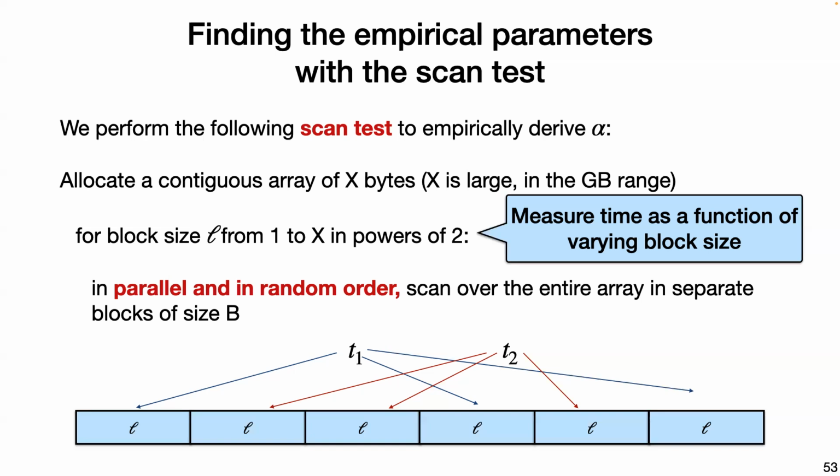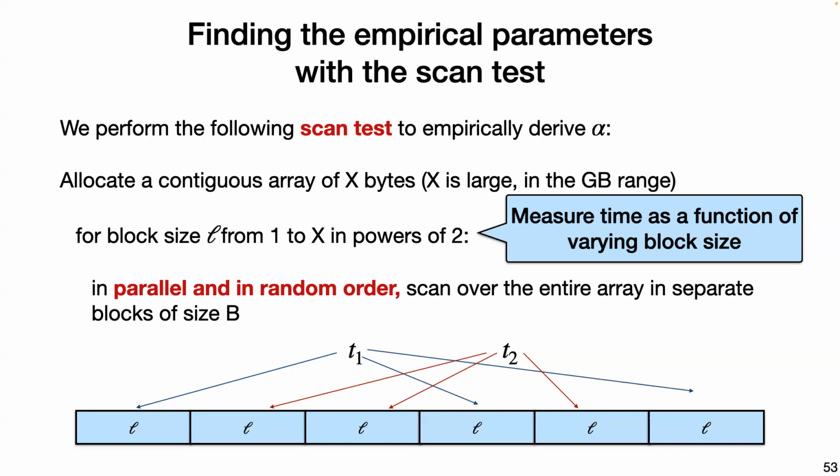Then in parallel and in random order, we scan over the entire array in separate blocks of size L, sorry, this should say L, because L is here. So you have this giant array of size X, and then you cut it up into chunks, like a for loop, L from 1 up to X in powers of 2.